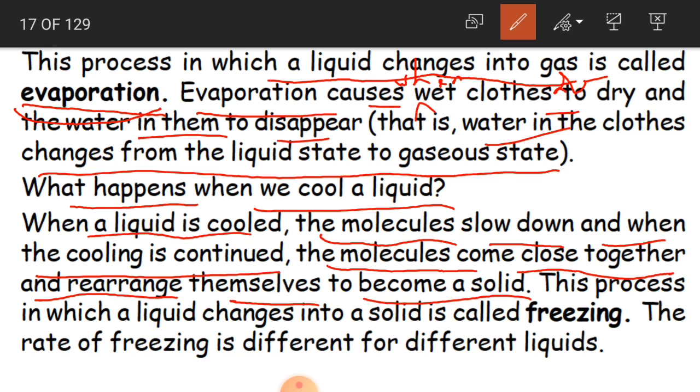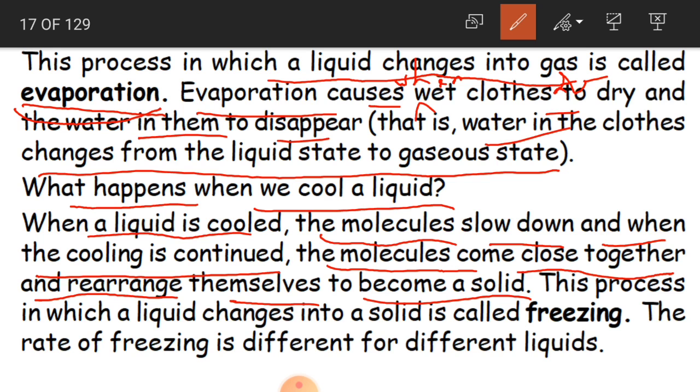See, children, suppose you have a glass of water, and you keep that glass of water in the fridge, in the freezer, the frozen area. Then what happens? This water which is in liquid form is going to become ice. It changes into solid form.